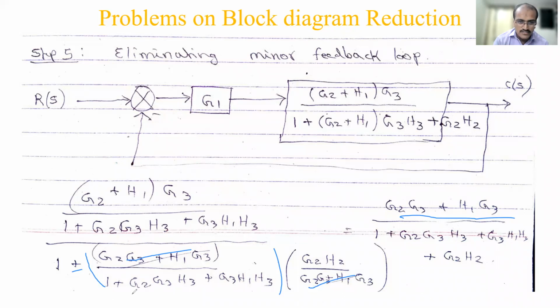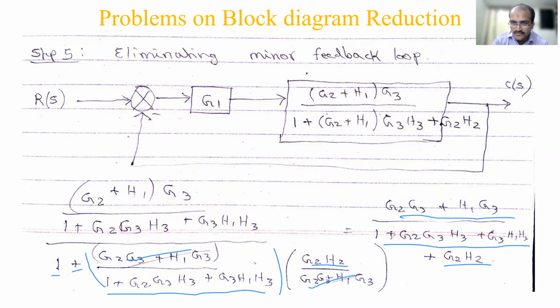This complete 1 plus G2 G3 H3 and G3 H1 H3 is multiplied to this one. Okay, this is a separate term now. So that's what is written here, 1 plus G2 G3 H3, G3 H1 H3. Then what is remaining in the numerator? So this is a cancelled out term, right? So remaining is G2 into H2. So that is written at the end. Okay, so actually there is no space on my page, that's why I've written it down there. So don't think it is the denominator.